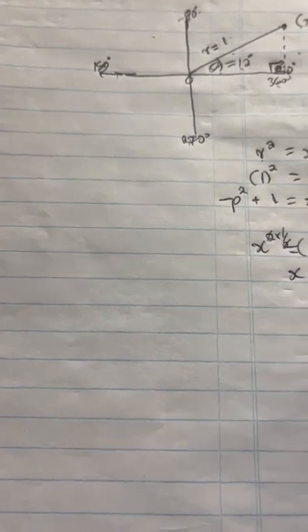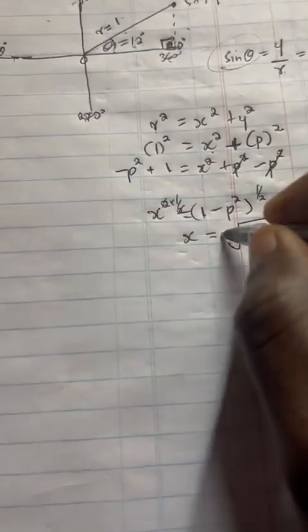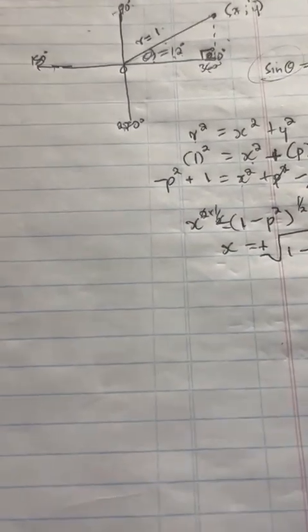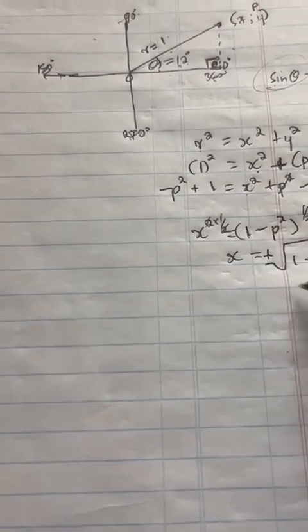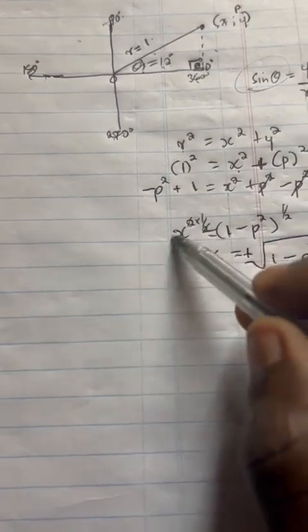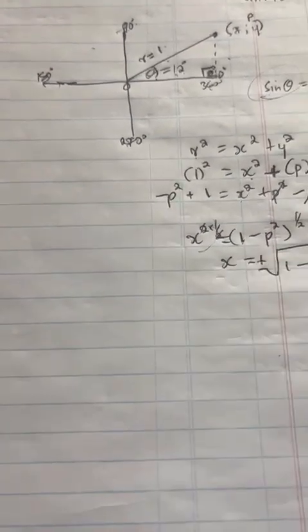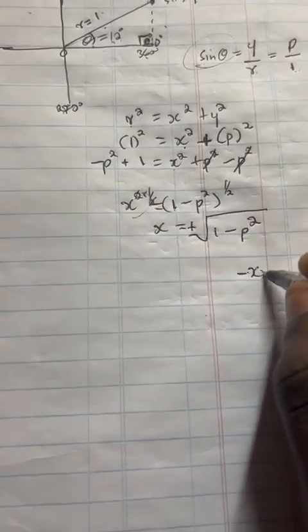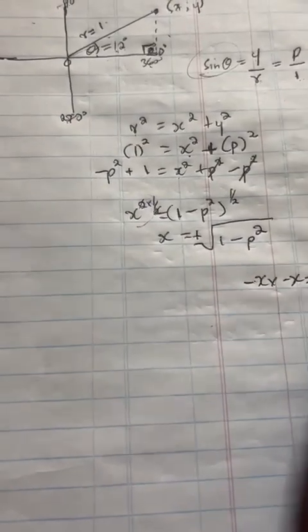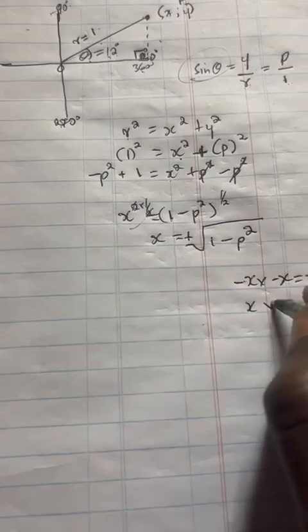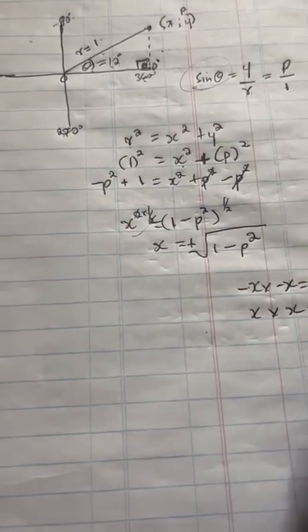And then our x is going to be the square root of 1 minus p squared, which is plus or minus. The reason why we put plus or minus is because we are not sure whether this x was negative or positive. Because when you multiply minus x by minus x, you get x squared. When you multiply x by x, you also get x squared.